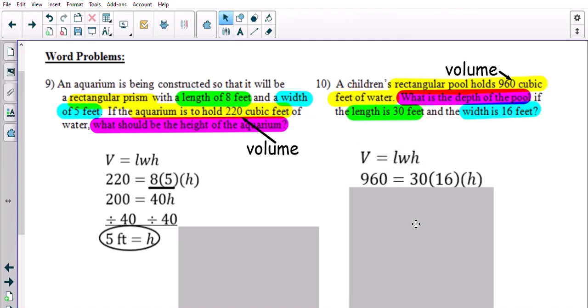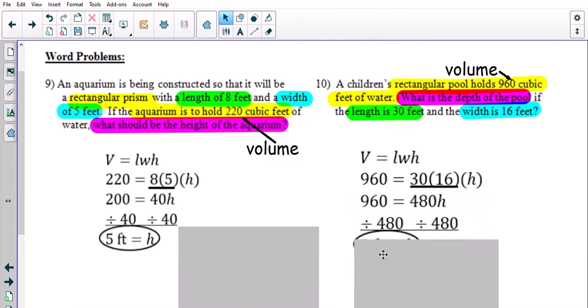Replace V with 960, L with 30, W with 16, and let's solve for H. So the first thing I want to do is do 30 times 16. So I have 960 equals 480H. Divide both sides by 480. And the height or depth of this pool will be 2 feet. Keep in mind it's a children's pool, so it's not going to be super deep, which is why we get a pretty small number there.